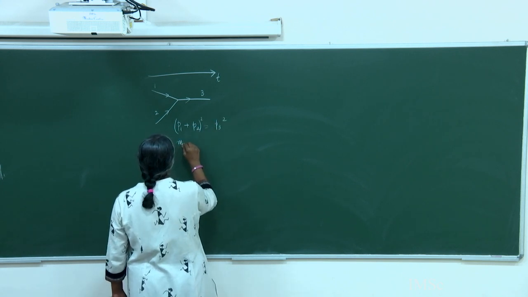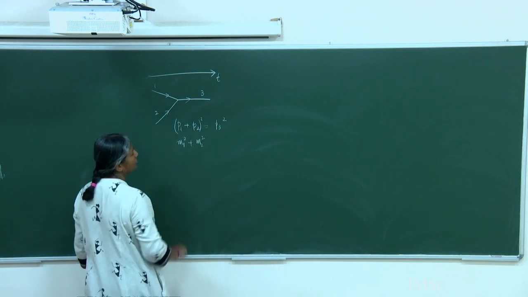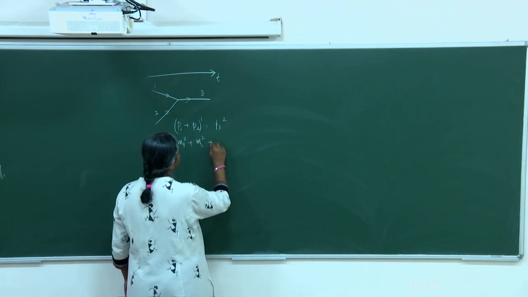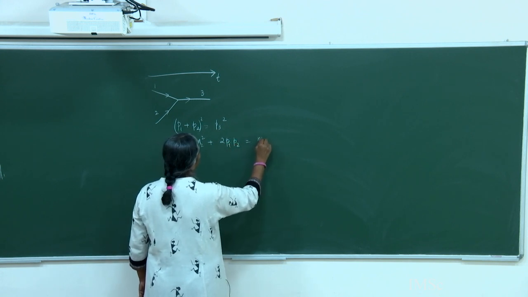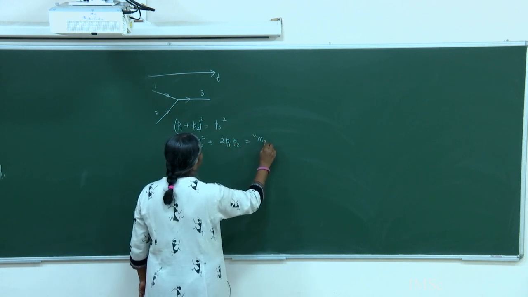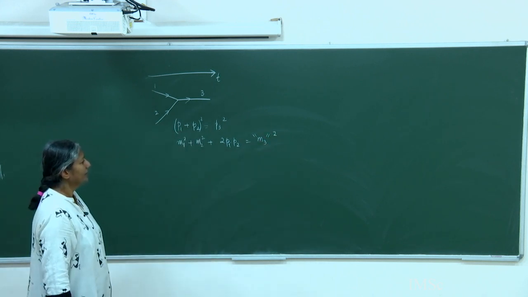So this is m1 squared plus m2 squared. I have assumed that these two are on shell, right? Plus 2 P1 dot P2 is equal to, let us say, I'll put it like this. Okay.